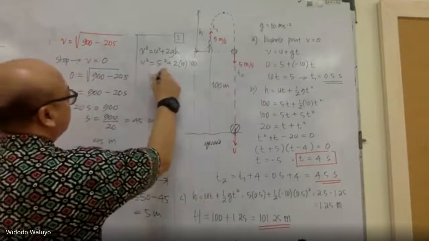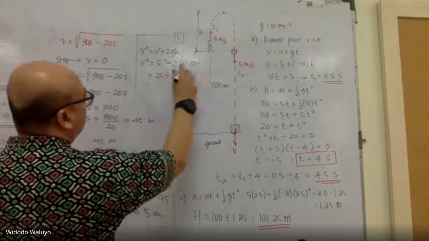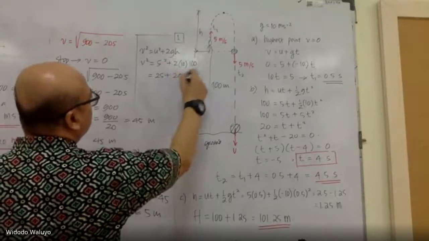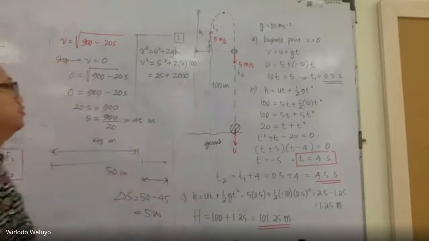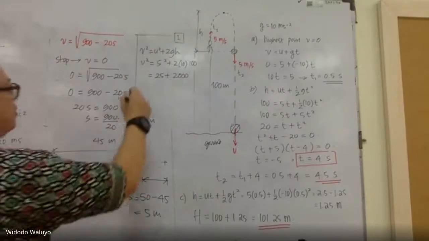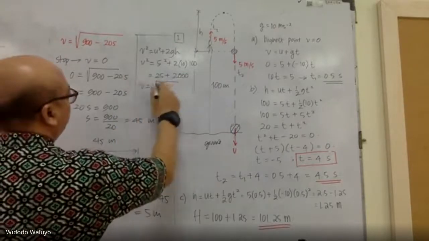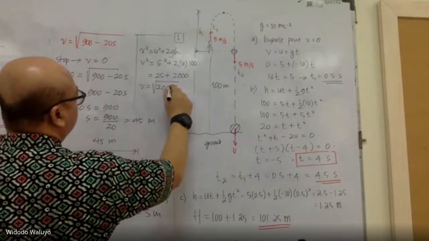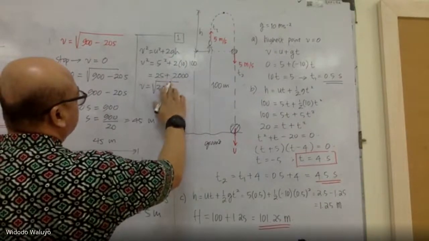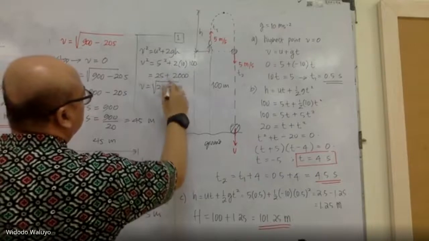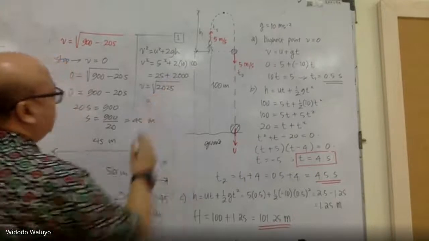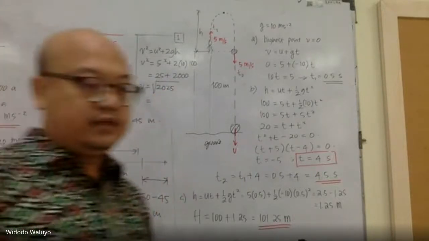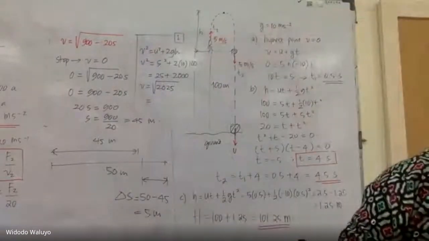So this is equal 25 plus 2000. So V equals to root of 2025.